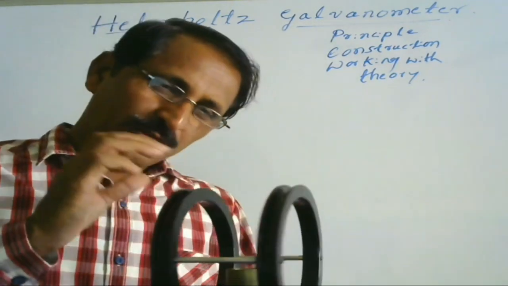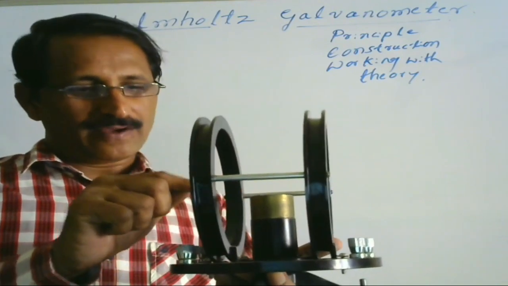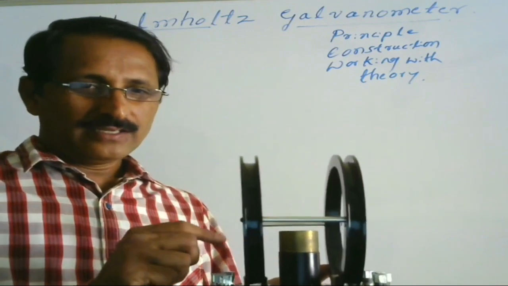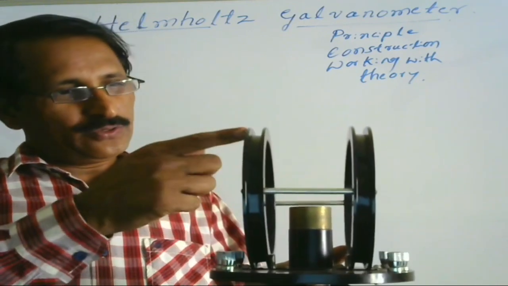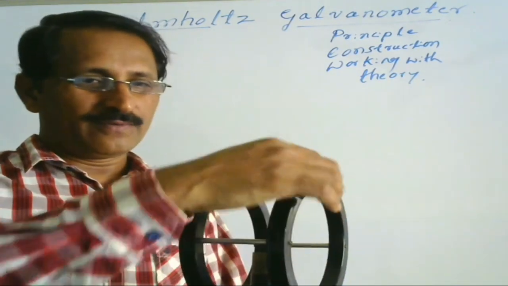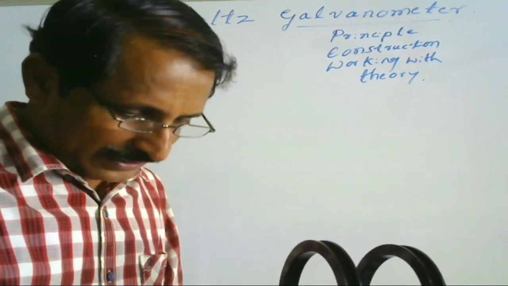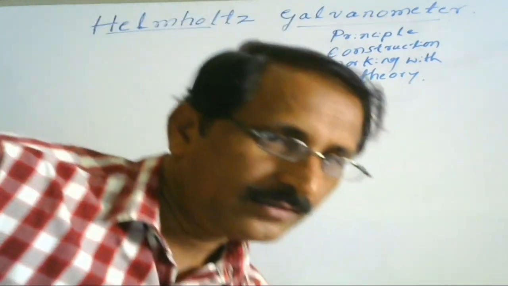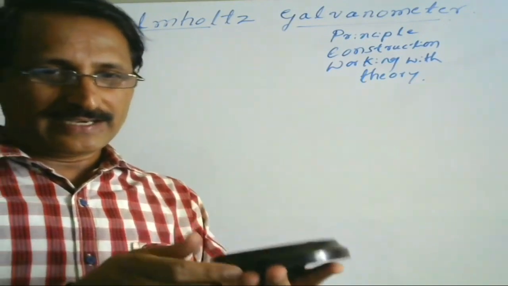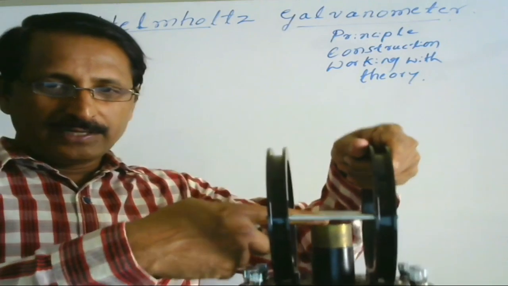The field is uniform even at a point just away from this center, O, because the increase in the field due to one coil is compensated by the field due to the other. A permanent magnetic compass is pivoted on a brass cup midway between them.